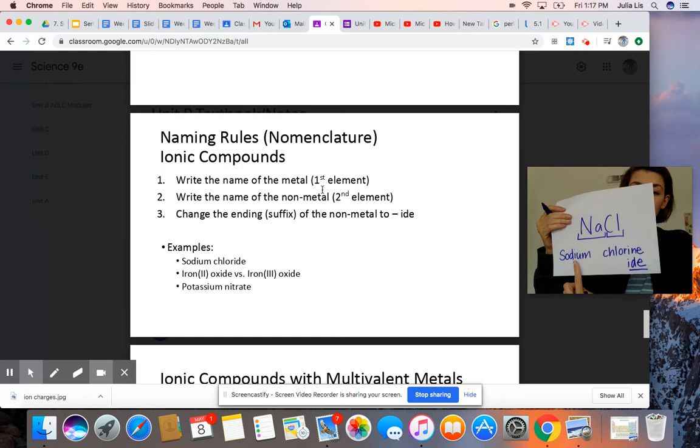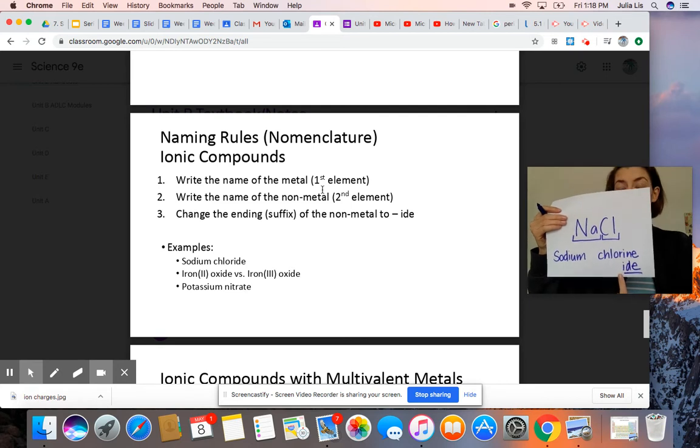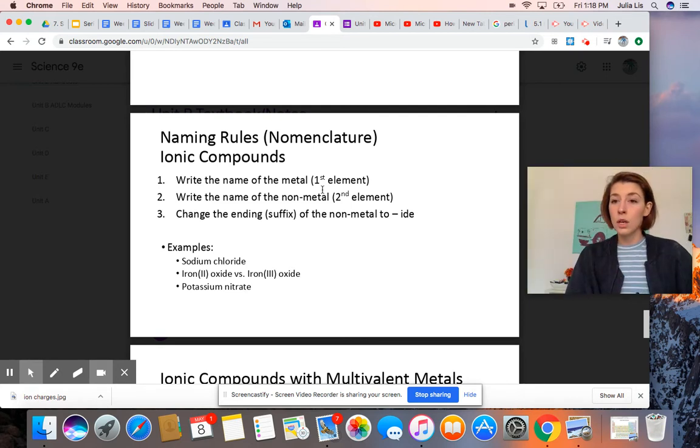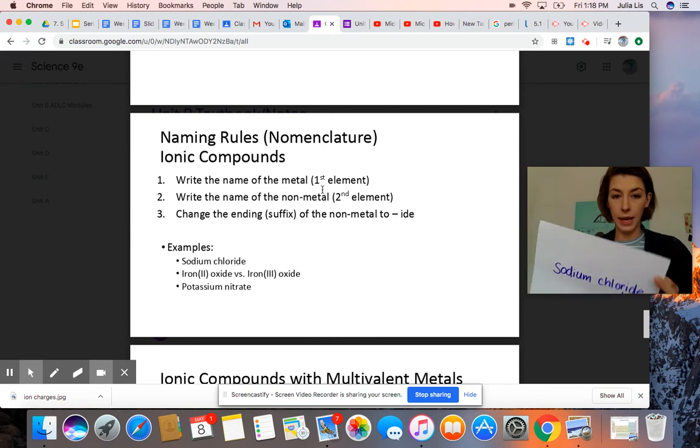You leave the first element as you found it, sodium, and you're going to change the ending of your nonmetal, the second element, to IDE. So the name that you're going to be left with is sodium chloride, not chlorine. So it'll look like this. Sodium chloride. Okay?